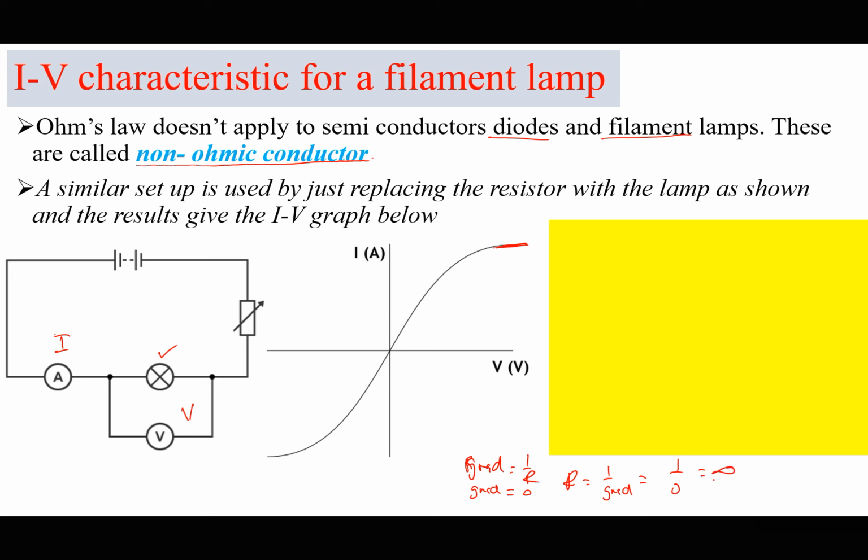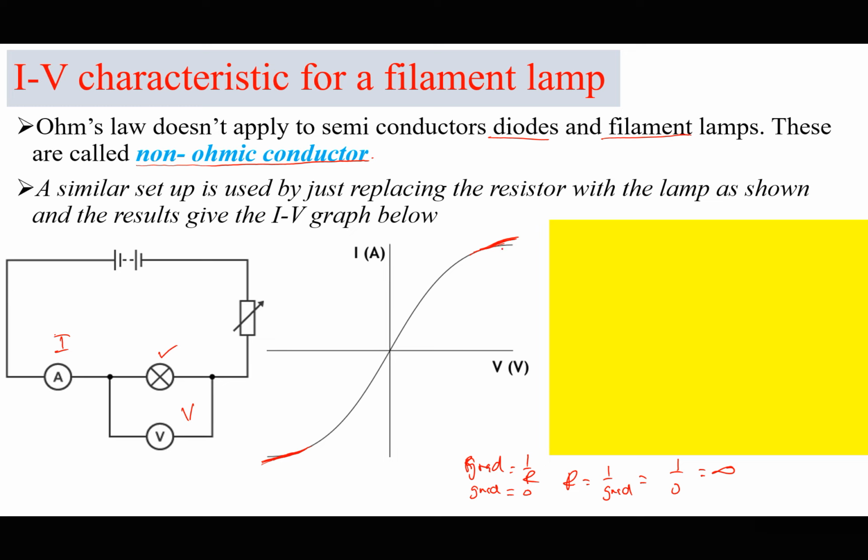It means we have reached infinite resistance, yet we can't reach infinity. Therefore, the best way to sketch this graph is to make the line tend to be horizontal, but not perfectly horizontal, to show that the gradient is decreasing but we can't reach infinity.